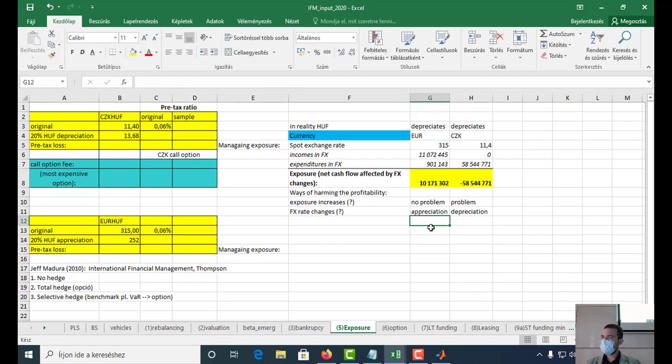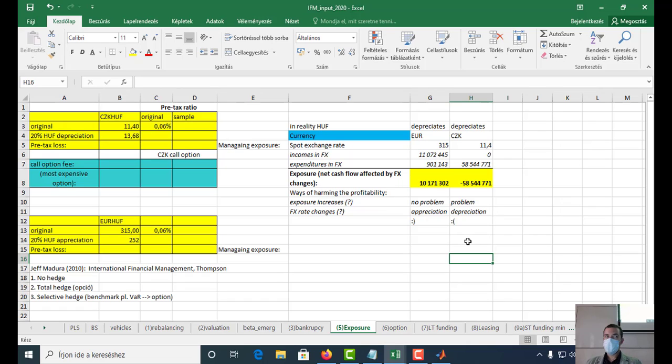So in this case, we can be really happy with the euro because it supports our efforts. But we are unhappy with the Czech koruna because it's actually bad for business.